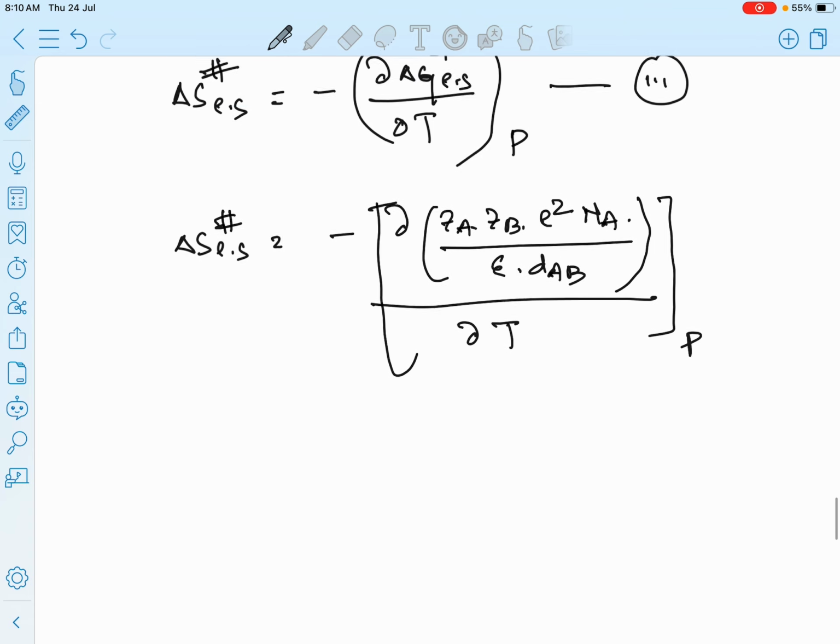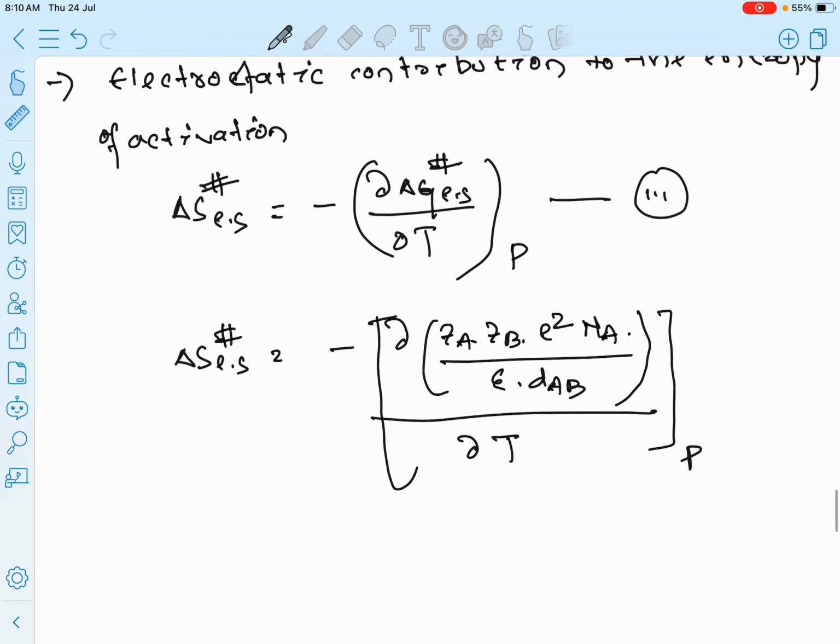Okay, so now the thing is that in this particular term of the free energy change during the activation process, we are calculating this change in this term with respect to temperature.